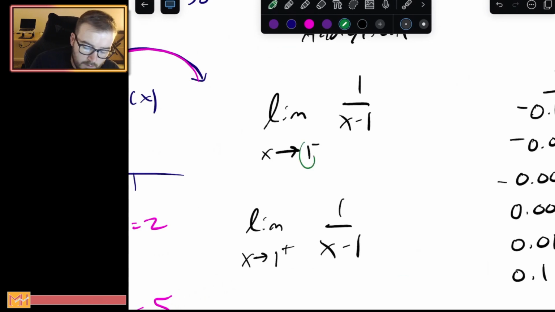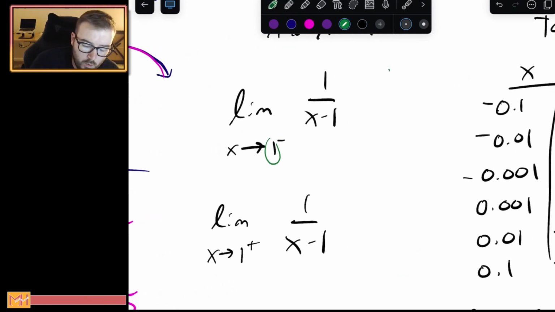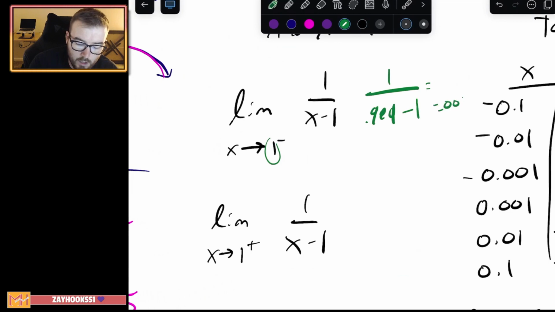Okay, well, look at what happens when you plug in 1. You're going to get 0. So we can't divide by 0. So as we get really close to 1, what is happening? Okay, well, as we get really close to 1 from the left, say 0.999 minus 1, well, 0.999 minus 1 is equal to negative 0.001, and the numerator remains 1.